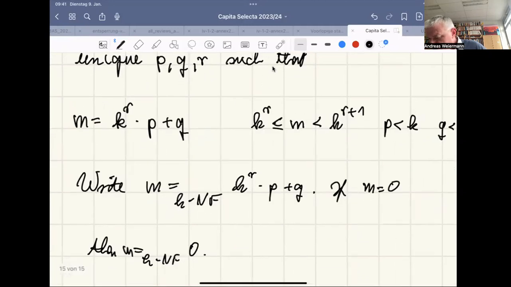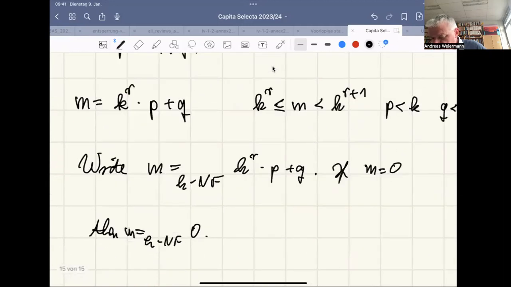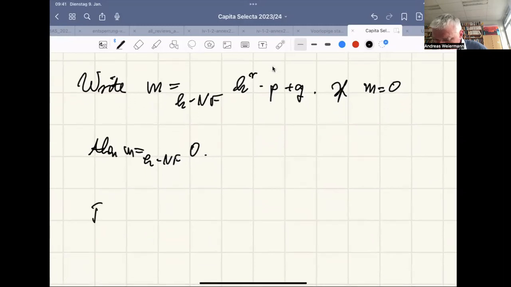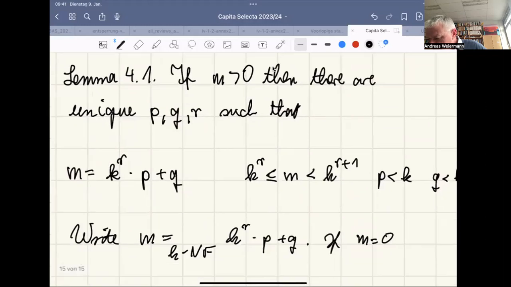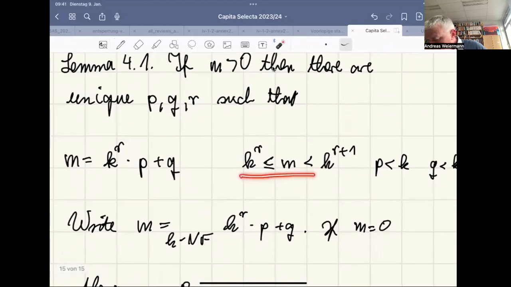Now, having fixed, well, how to prove this? Well, it's division with remainder. So I don't prove this. Proof of the lemma. This is discrete mathematics 1. So first you sandwich m with respect to k to the r.